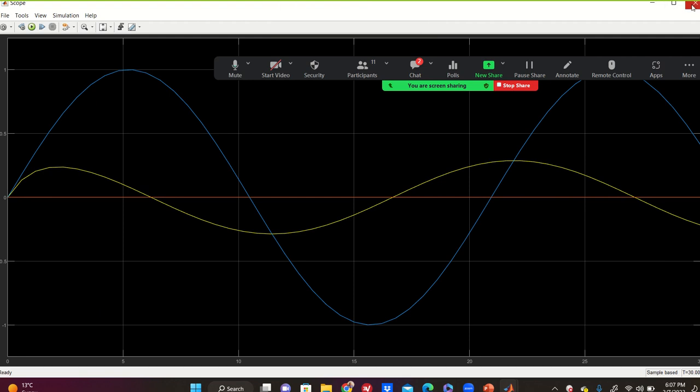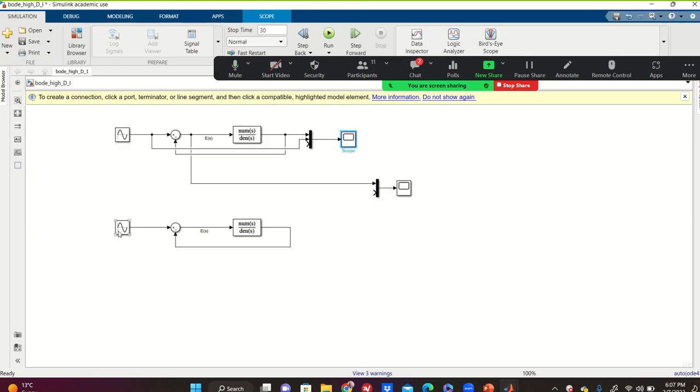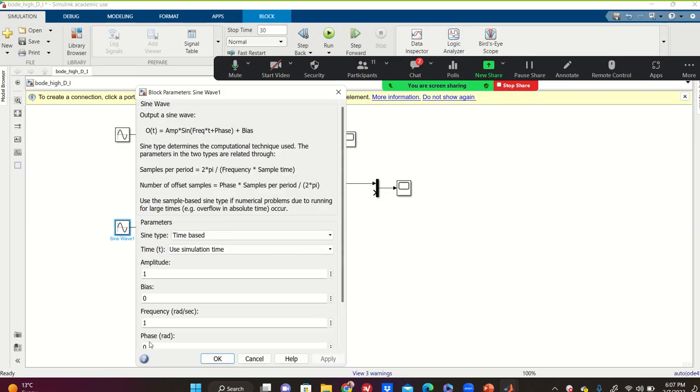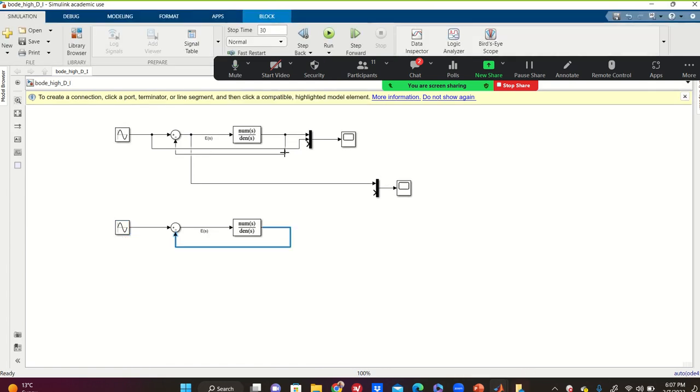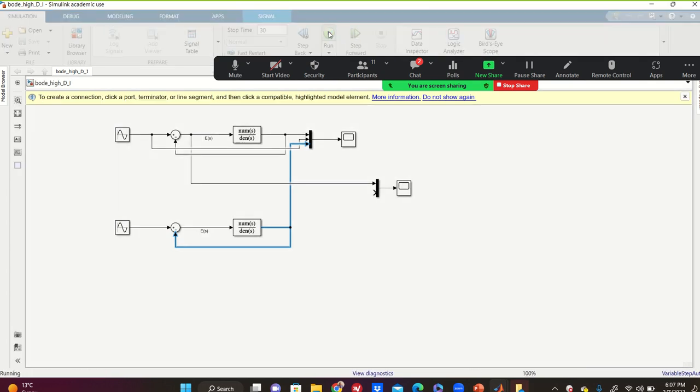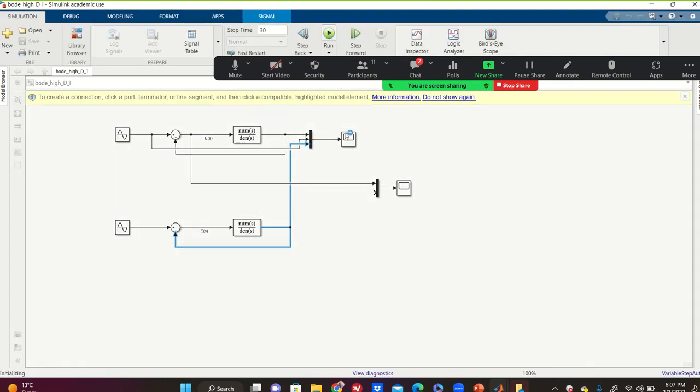But if I increase the frequency to, I don't know, 10 or say 100, they must be equal. Now I'm going to connect this to this. Because this is a high pass filter, that's right.